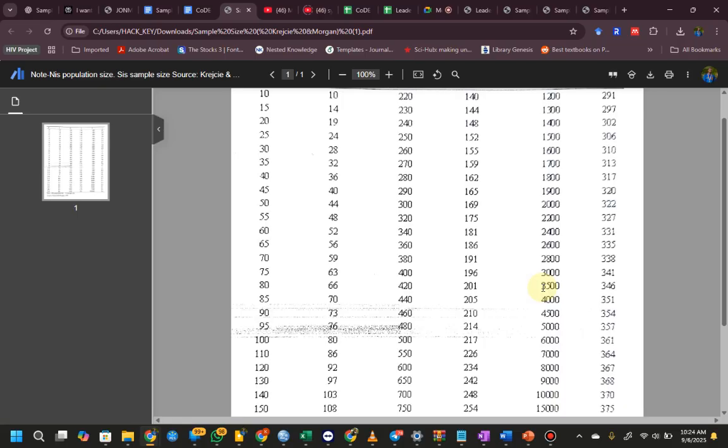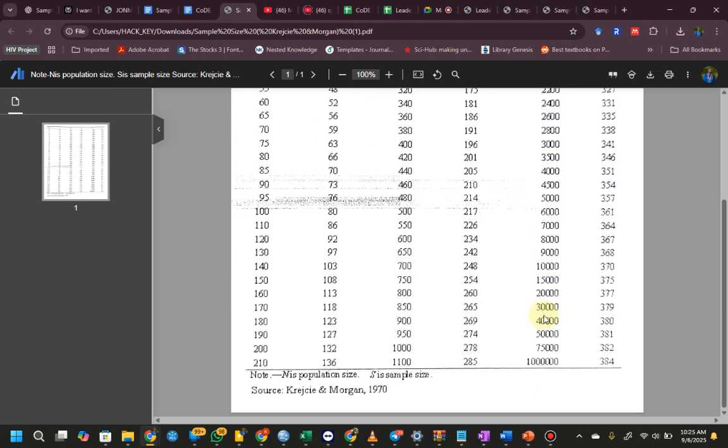Yes, 63 will be representative enough for a population of 72, according to Krejcie and Morgan, 1970. So that is how you use the Krejcie and Morgan table to determine the sample size.